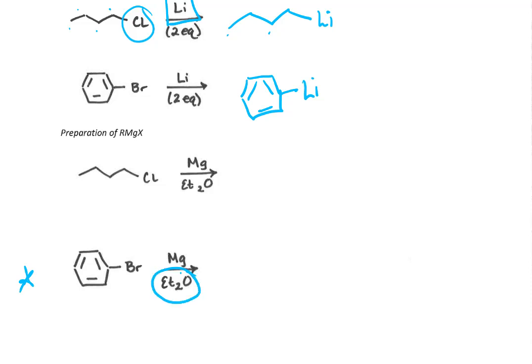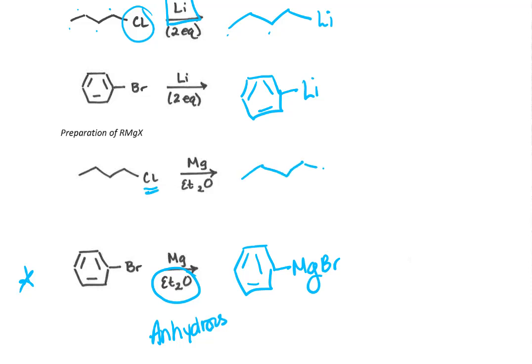So remember that this ether, this diethyl ether, has to be anhydrous during this process. And what ends up happening is essentially the magnesium inserts itself between the carbon and the bromine. If we change the bromine to a chlorine, the same thing is still going to happen. So now the magnesium inserts itself and then you have the chlorine.